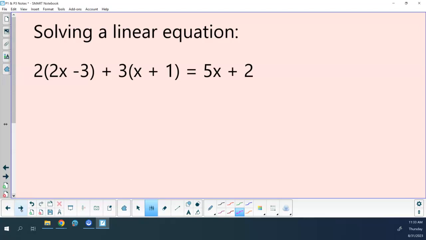Got it? PEMDAS is more of the order of operations. It's what we kind of do first. Close though. What's the rule we gotta follow? Sometimes it may be called golden.